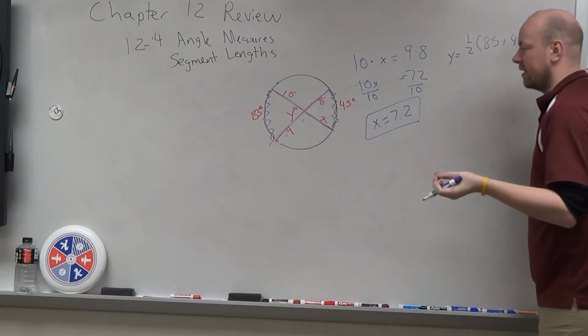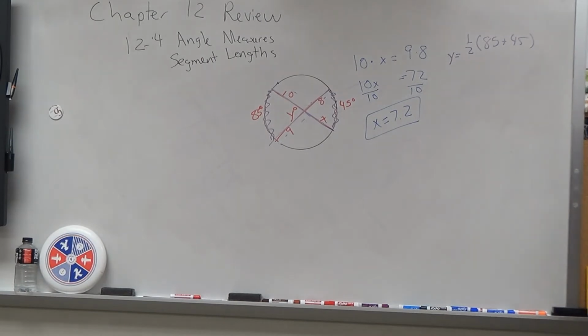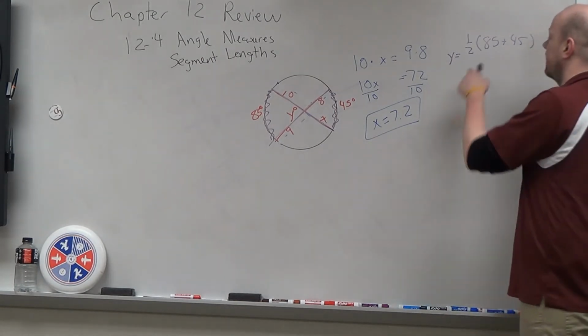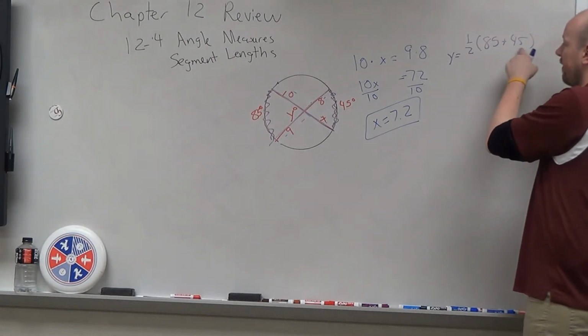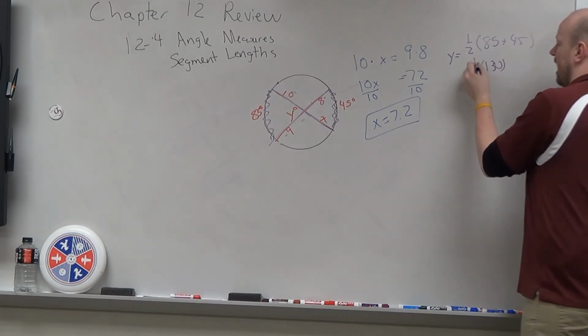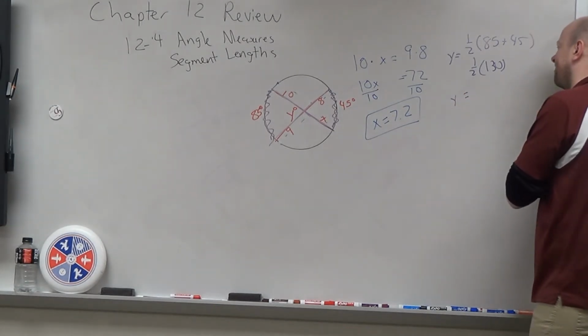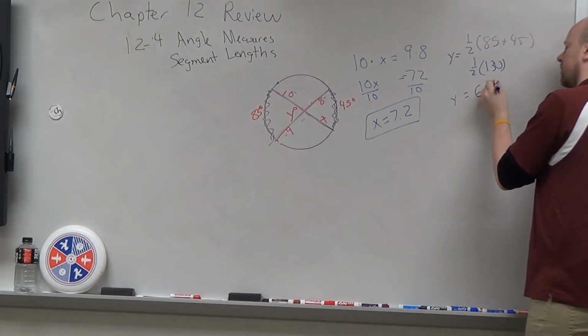Remember, it'd be half the sum on the inside. We do have an example on the outside. So 85 plus 45 is 130, and then we get half of 130. So y equals 65 degrees.